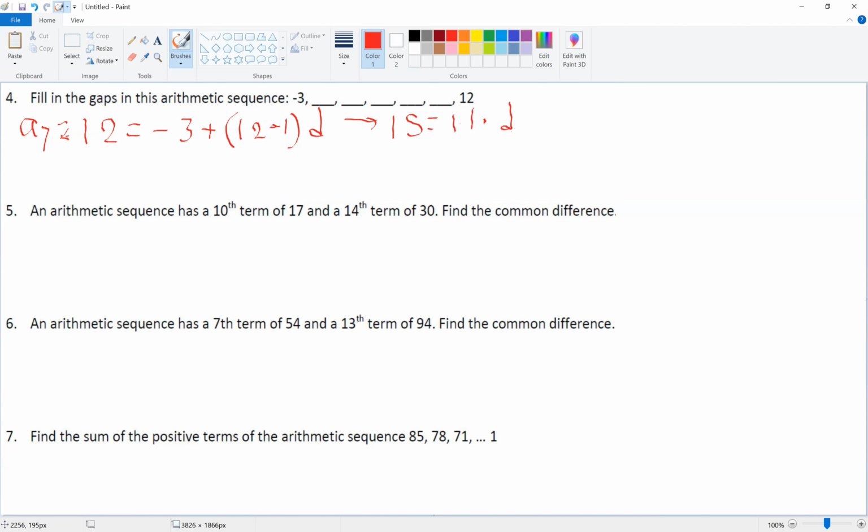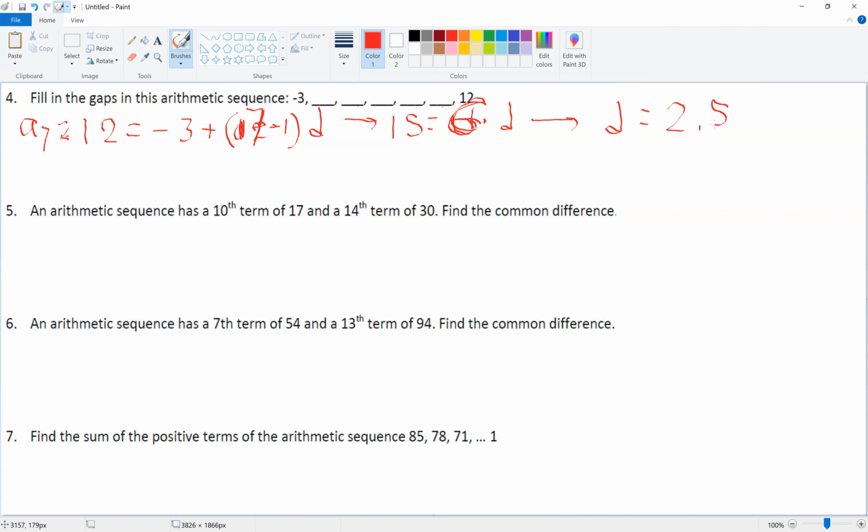Yeah. So d would be what? 2.5? Oh, wait, I looked at something wrong. This is 6. Sorry, 7, not 6. So the d is 15/6, which is 2.5.